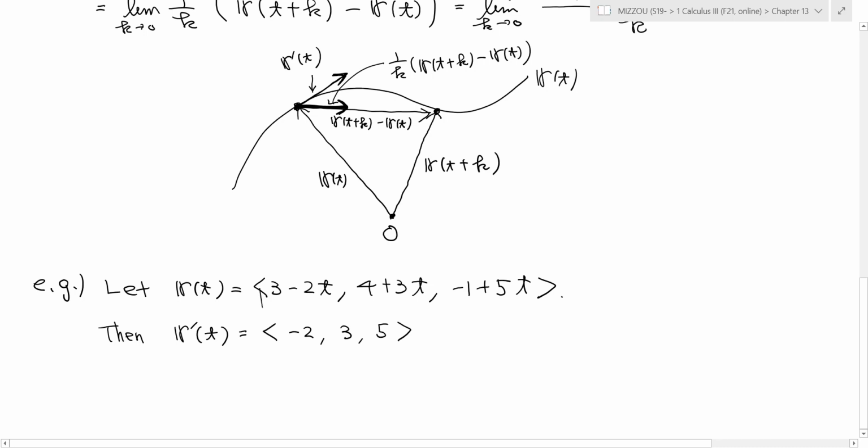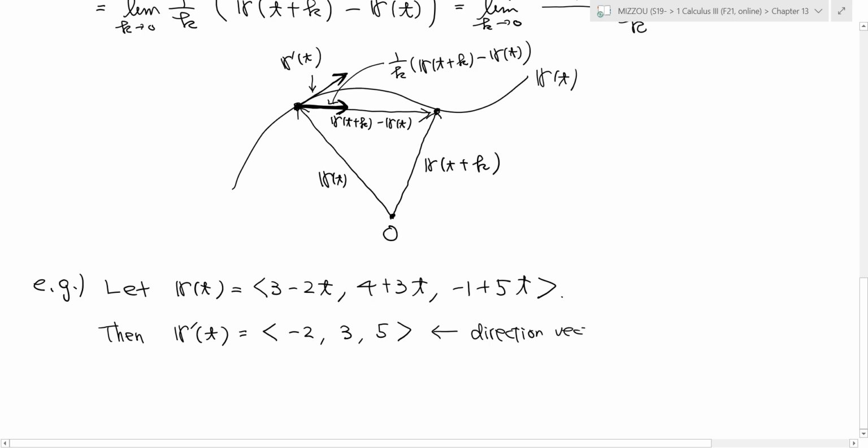Remember, this is just a line. This is a parametric equation of a line, which represents a line whose direction vector is negative 2, 3, 5. After you differentiate it, what you get is negative 2, 3, 5. So this is simply the direction vector.